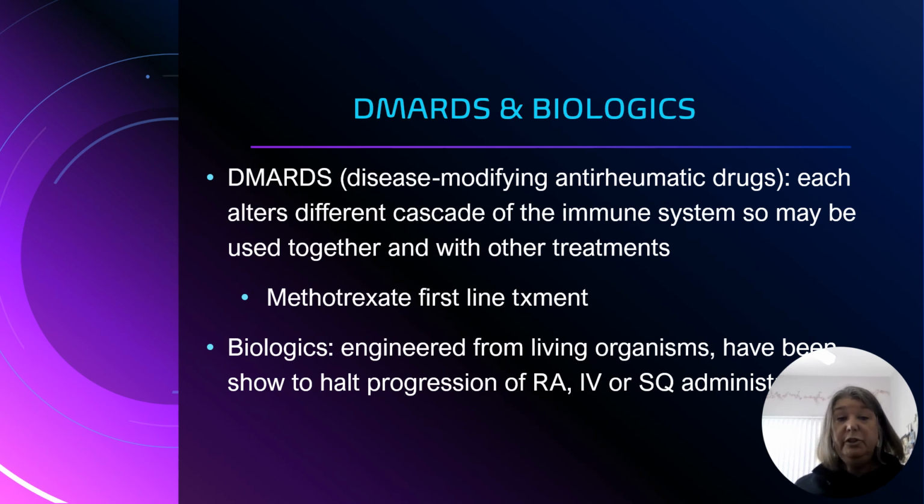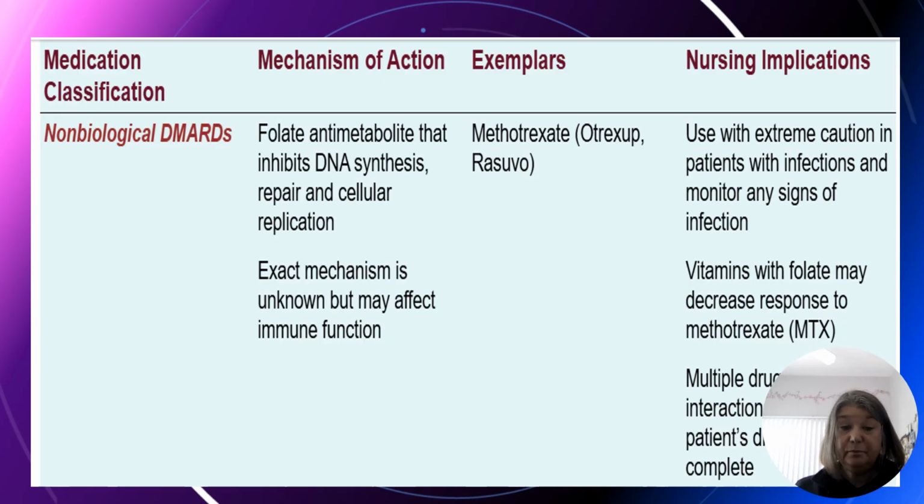Usually, 60% of people within 10 years will be deformed. So anything that could slow the progression of RA, that's huge. That's a definite win. Biological therapies target specific entities of the inflammatory cascade, thus interrupting the immune response and decreasing inflammation. So they work a lot like the DMARDs, okay? They work on that inflammation cascade.